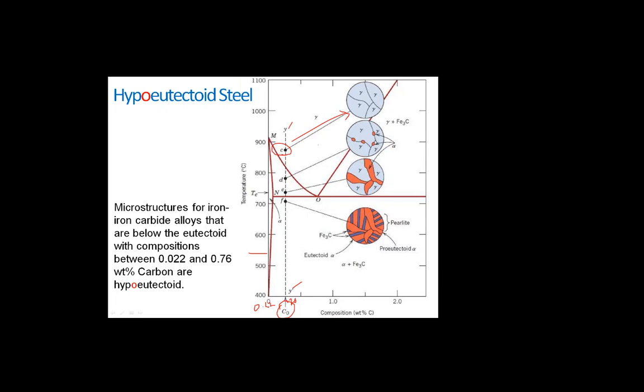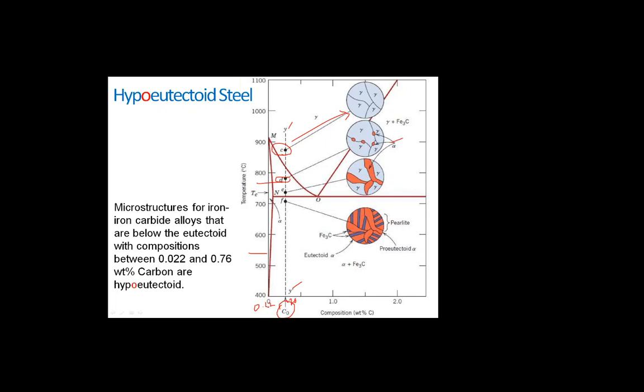Cooling to the point D, within the alpha plus gamma phase region, the intermediate phase transformation starts taking place when the temperature goes below this, and the microstructure shows a combination of the alpha and gamma phases.